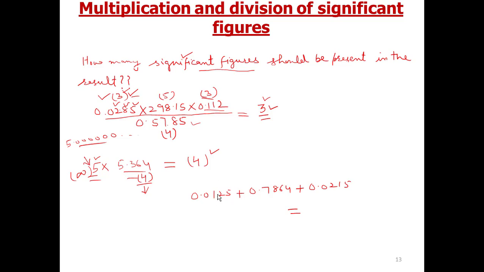So it has 1, 2, 3, 4 digits after the decimal place. It has 1, 2, 3, 4 digits. It also has 4 digits. As these 3 numbers have the same number of digits after the decimal place, our result should have four significant figures.